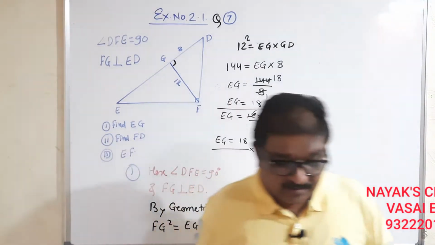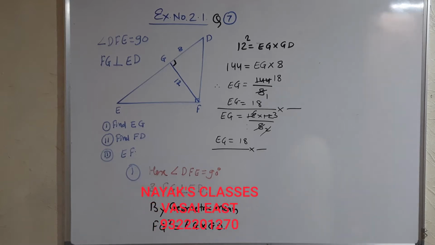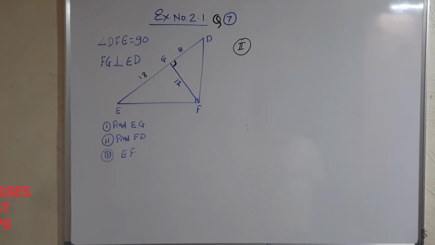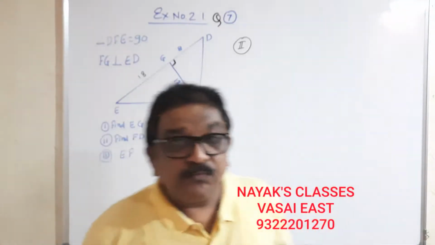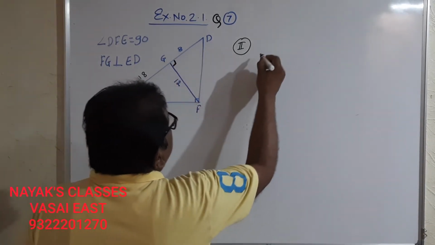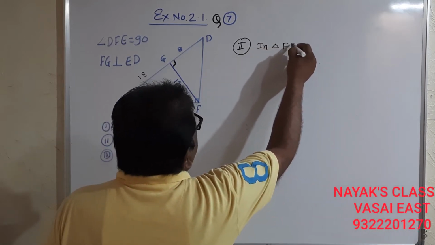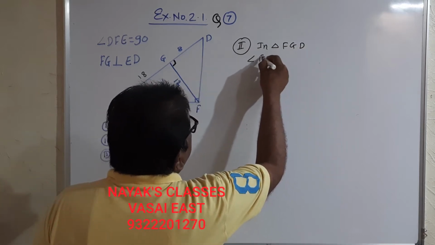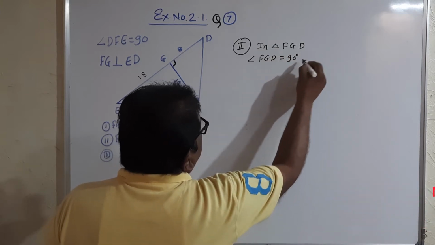Now we are going to find FD. For that, to find FD, we have to consider triangle FGD. In triangle FGD, angle FGD is equal to 90 degrees.